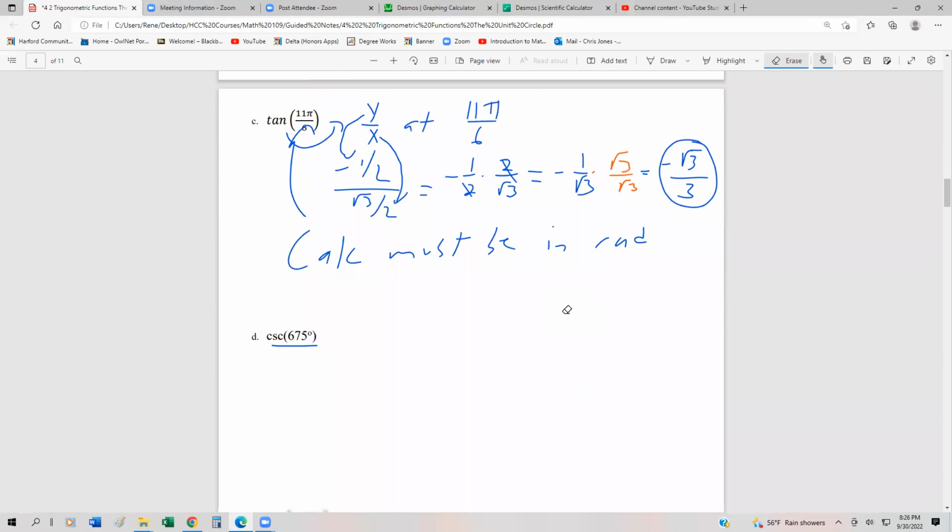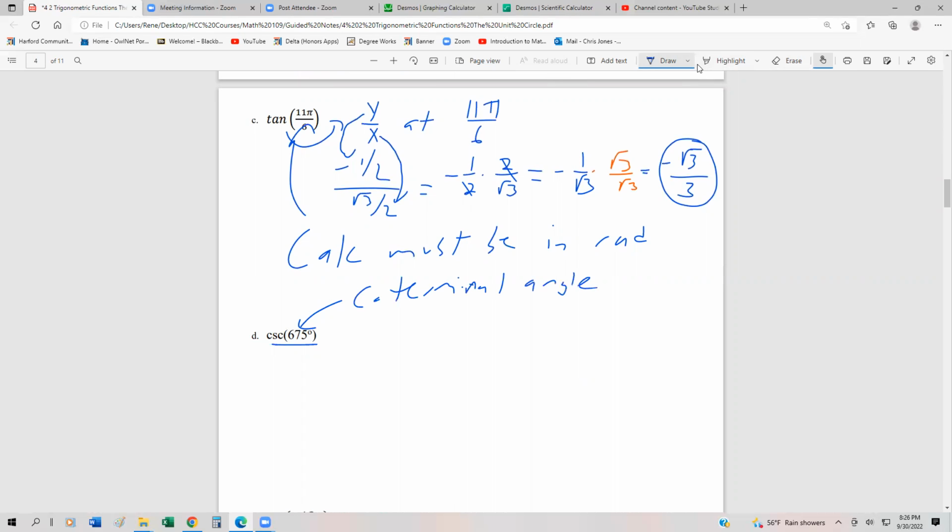What we're going to have to do is find a coterminal angle. And moreover, we're going to have to find a coterminal angle between 0 and 2 pi, okay? Or 0 and 360 degrees, all right?